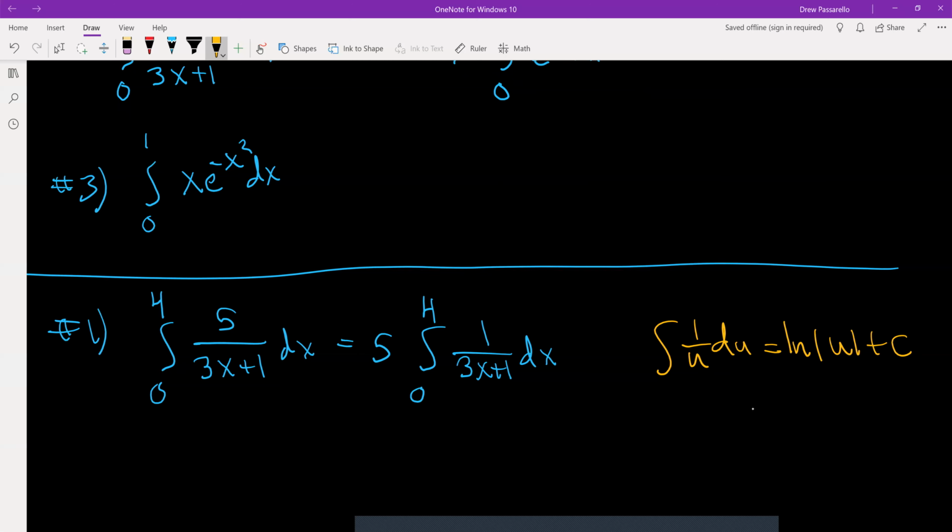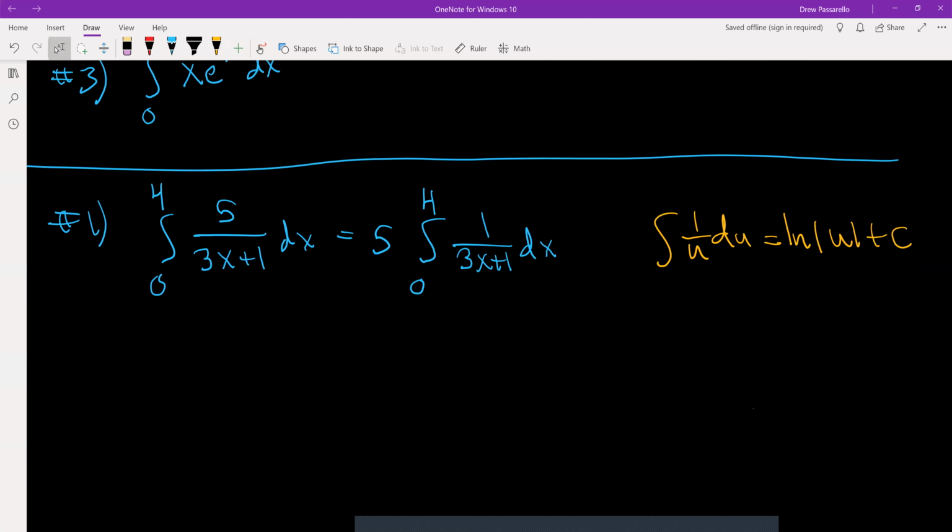So it has that structure. U is going to be 3x plus 1. So derivative du, derivative of 3x plus 1 is 3, because it'll be 3 times 1 plus 0, so 3.